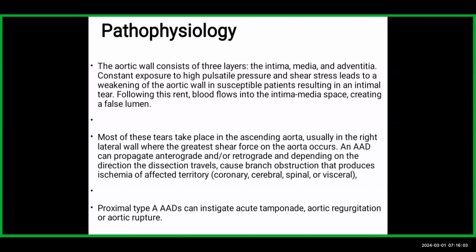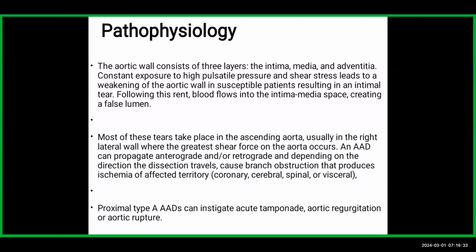Anything that causes shear stress on the aortic wall can bring about a rupture. Even a sudden stress, especially from sudden trauma to the thoracic region, can cause a tear within the wall of the aorta, and most of these tears tend to occur at the level of the ascending aorta, usually around the right lateral wall.